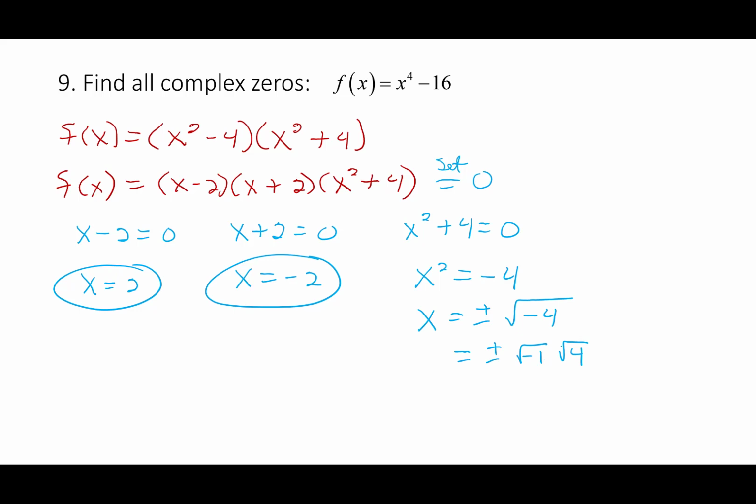Remember, i is the square root of -1. It would be plus or minus i times 2. When we have a constant, we usually write it as 2i. We would have x equals -2i, and we would have x equals positive 2i. All right, and those are our 4 solutions.